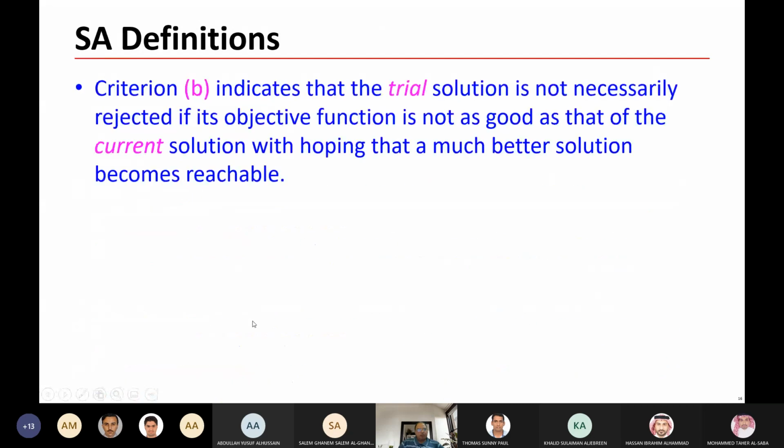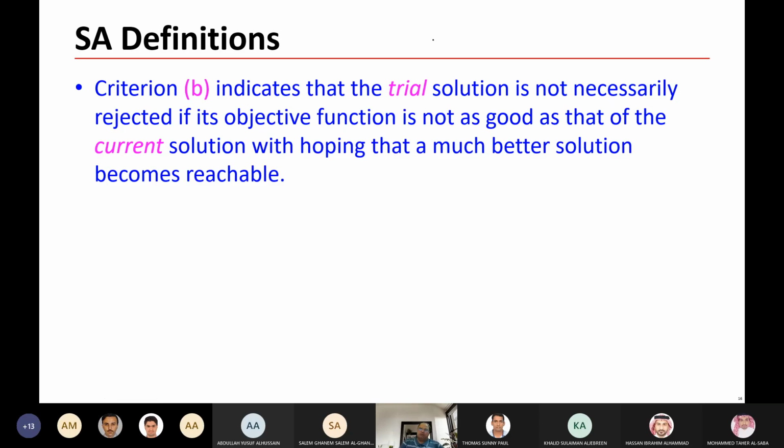Everything is clear here. So criteria B indicates that the trial solution is not necessarily rejected if its objective is not as good as that of the current solution, hoping that a much better solution becomes reachable.